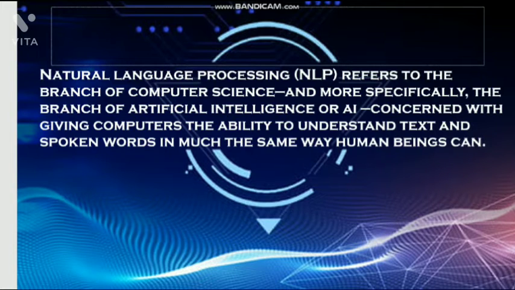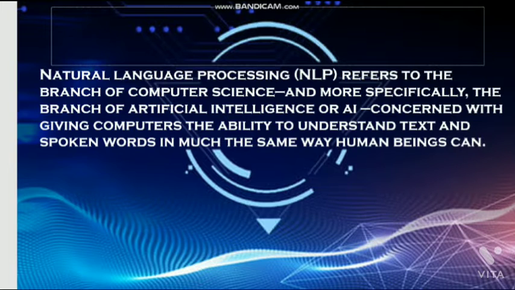So here, in NLP, the computers are taught how to read text, how to write text, and how to understand the spoken words that human beings do, and how the human brain works.